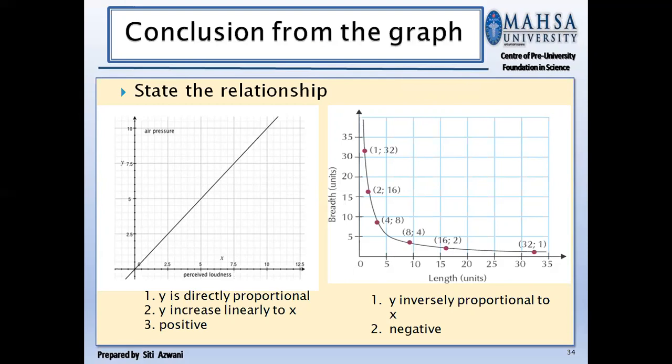Make sure you extend the line to the y-axis or the x-axis if you want to find the y-intercept or the x-intercept. Then you need to refer back to your graph to conclude the relationship between one quantity and another, one variable and another variable.